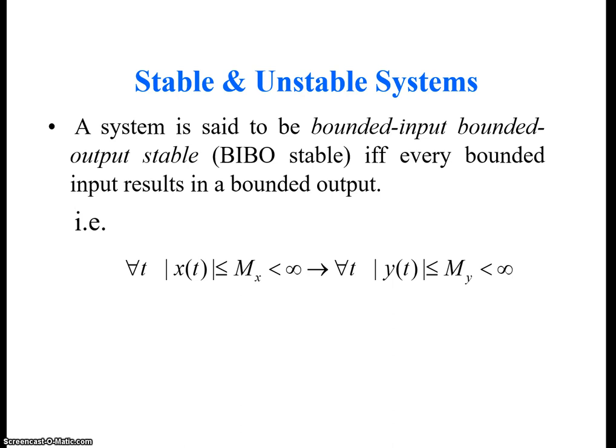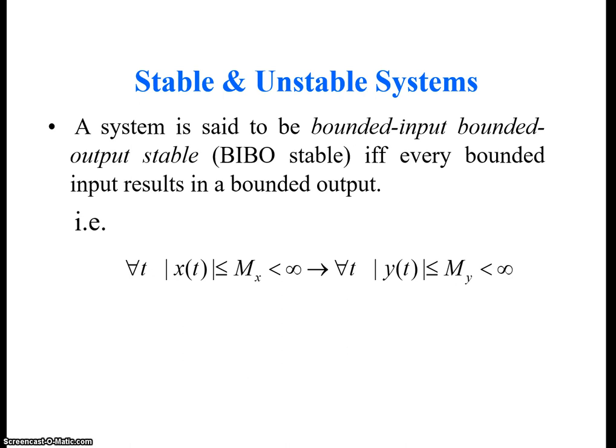Then the third property we'll discuss is stable and unstable systems. A system is said to be bounded input, bounded output stable if and only if every bounded input results in a bounded output. So we'll consider the condition: the absolute value of x of t should be less than or equal to Mx, less than infinity. That is the condition for a bounded input.